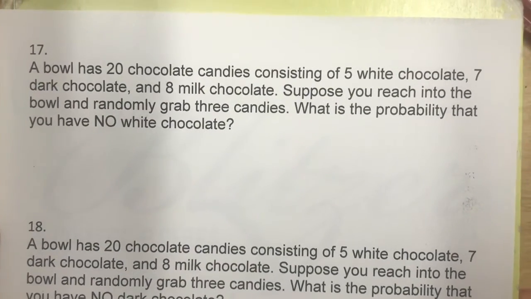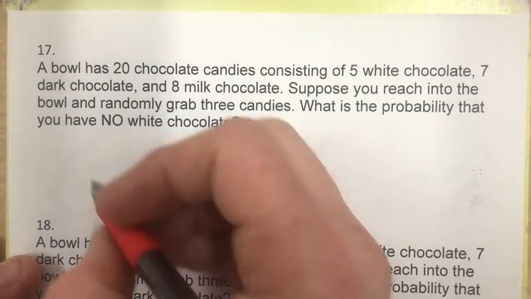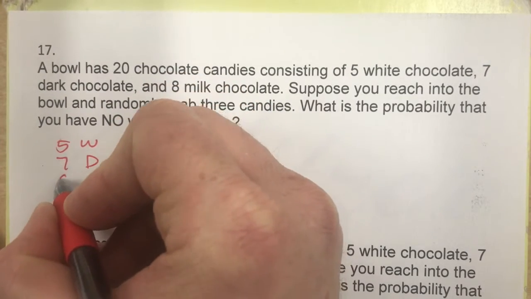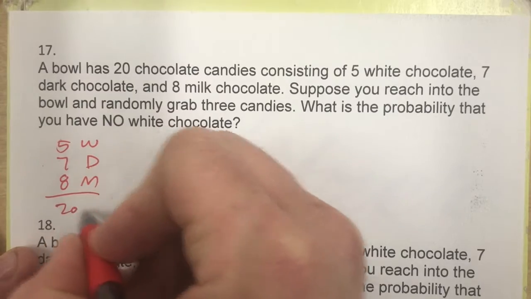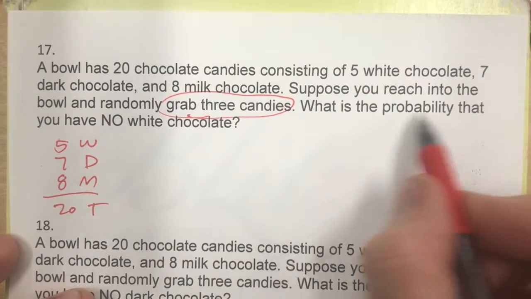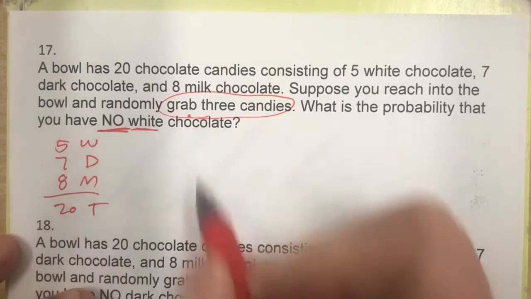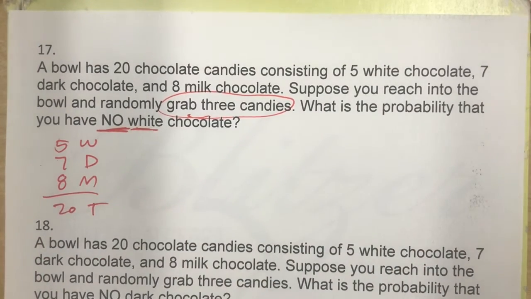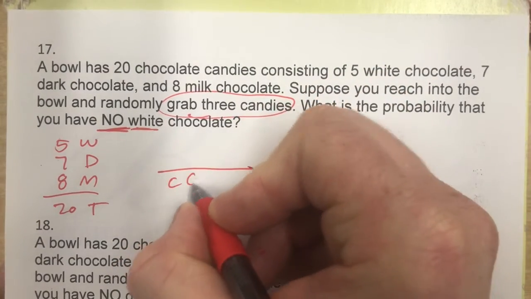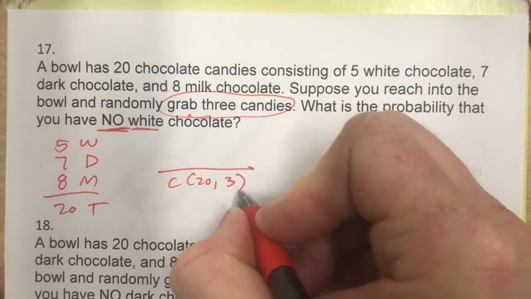This is number 17. It's the same problem. There's 5 white, there's 7 dark, and there's 8 that are milk chocolate, 20 total. This one says you're grabbing 3 candies again. What's the probability that none of them are white? There's no white at all. So that means on the bottom, there's 20 total, we're selecting 3 total.